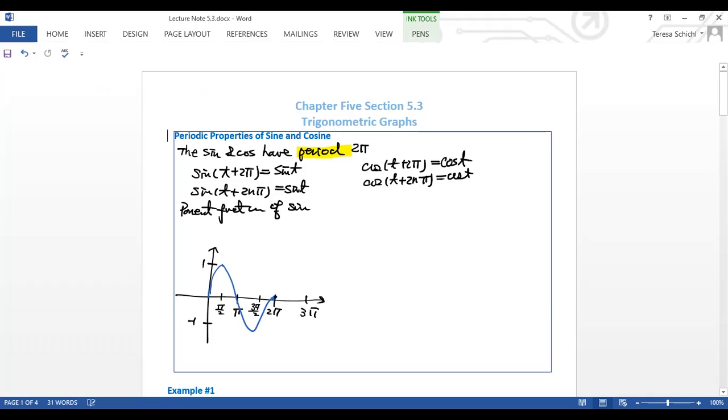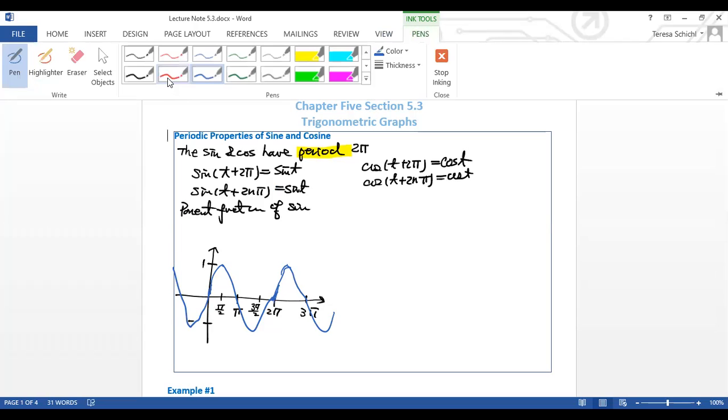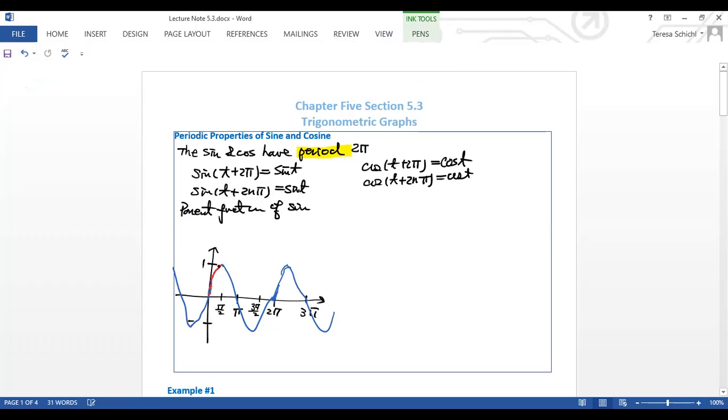If you continue, the function continues like this, and the same pattern repeats. So from here to here, this is the whole pattern of the sine. After 2 pi, the same pattern repeats.